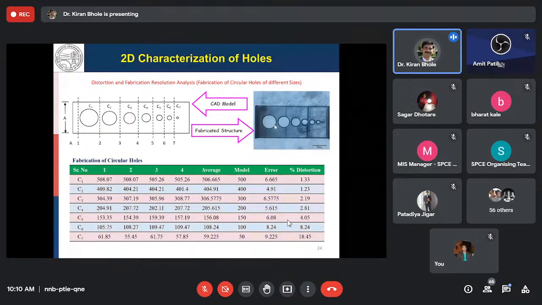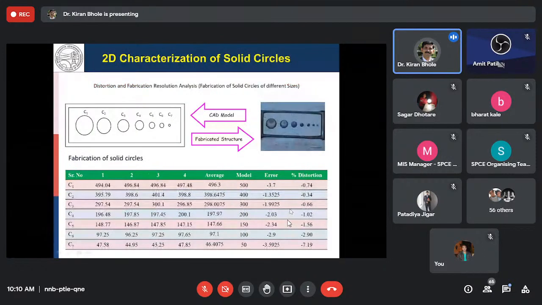So you have to consider the physics of photopolymerization as well for accurately fabricating the 3D geometry. Now, the next slide depicts the same kind of circle dimensions, but these are solid circles, and the outer part is the uncured part. So the circles are cured; the circles are solid.